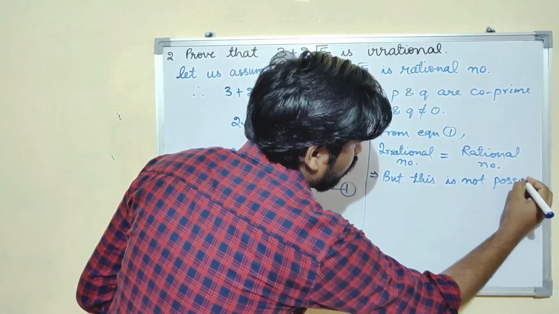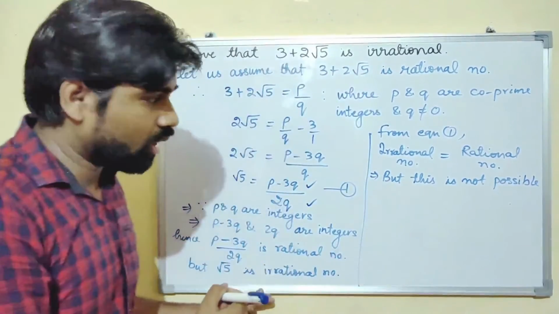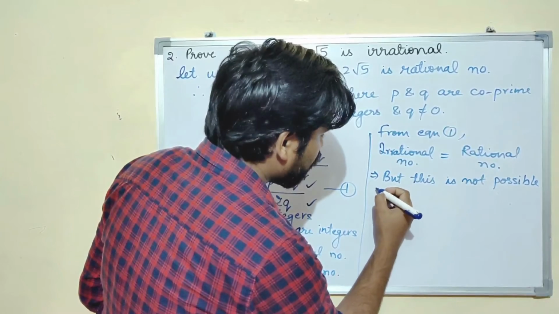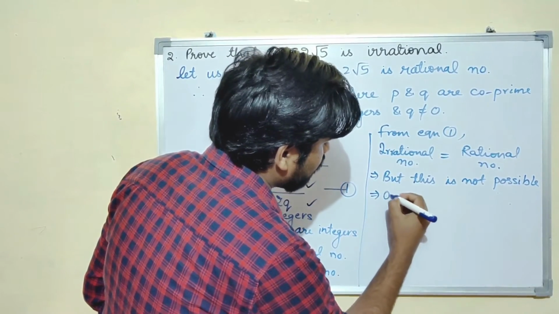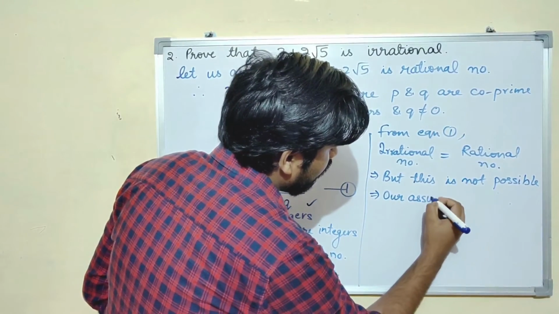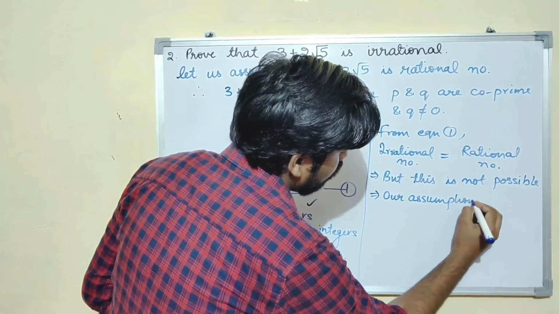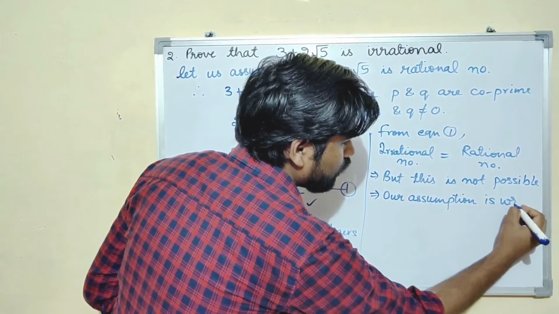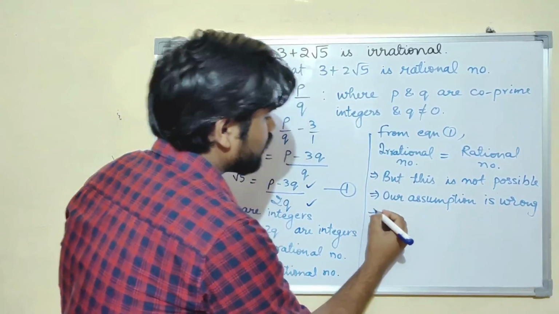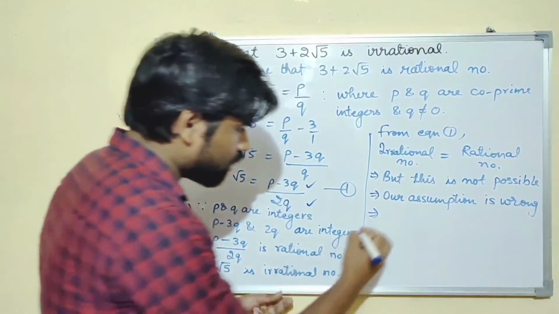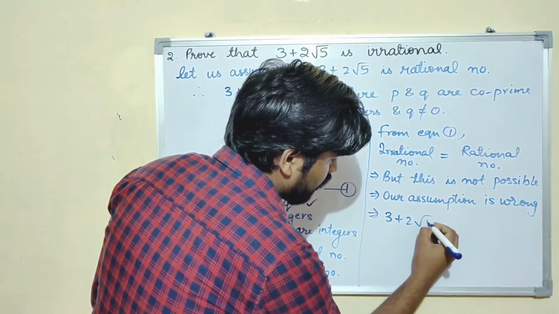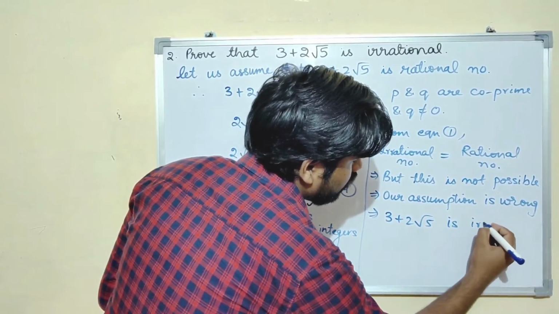That means whatever we have assumed was wrong, right? This implies that our assumption is wrong. If our assumption is wrong, this implies that 3 plus 2 root 5 is irrational.